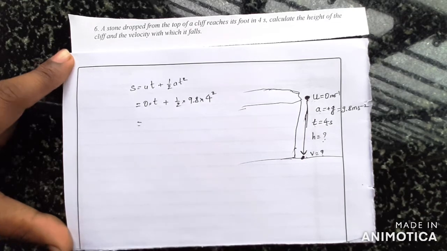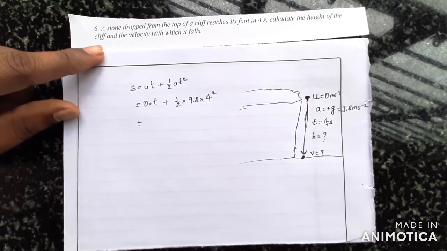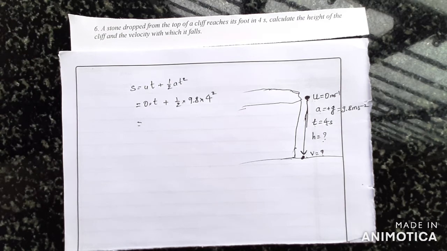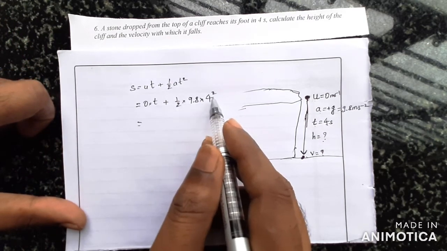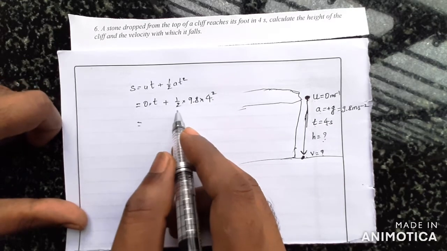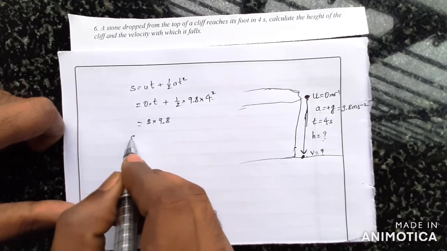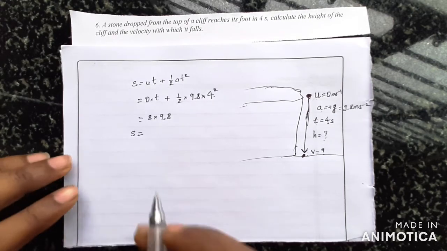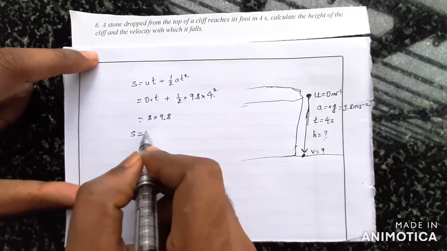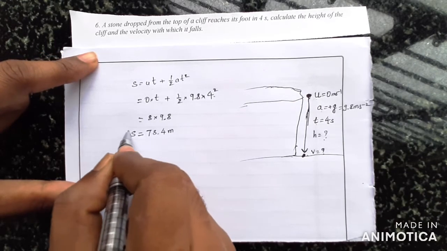0 into anything is 0. What is left is half into 9.8 into 4 squared. 4 squared is 16. So 16 by 2 is 8. 8 into 9.8. So s, the final displacement, you can make use of a calculator to calculate it, would be 78.4 meter.